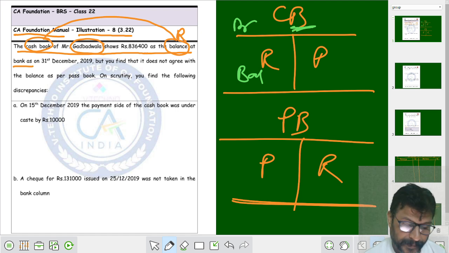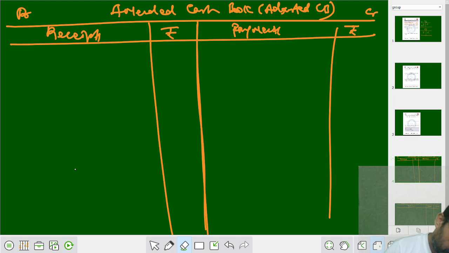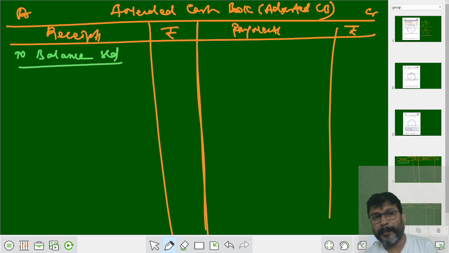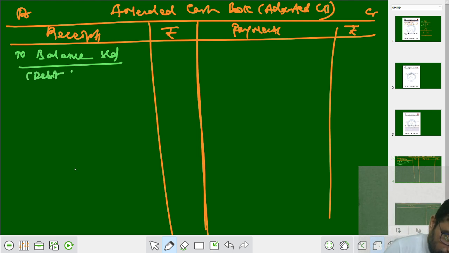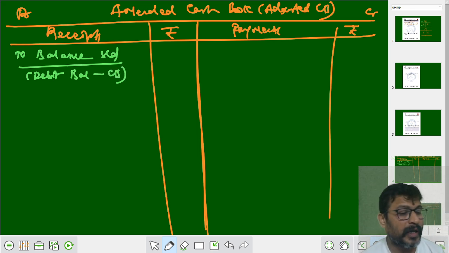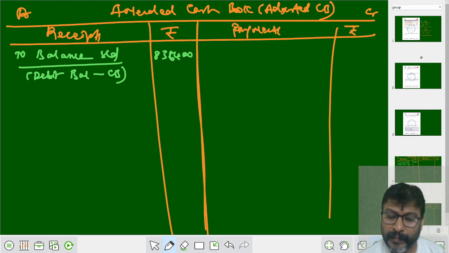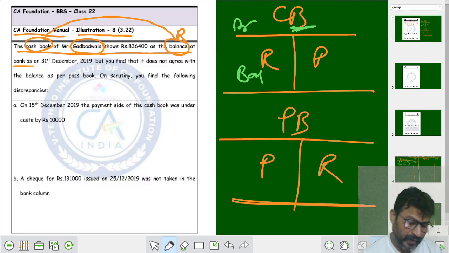So we have to take in the adjusted cash book to balance brought down. What balance is it? Debit balance, of which book? Cash book. How much is it showing? 8,36,400. Am I right?